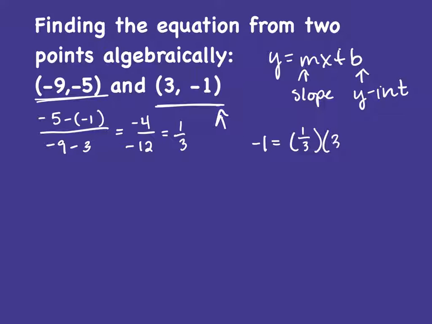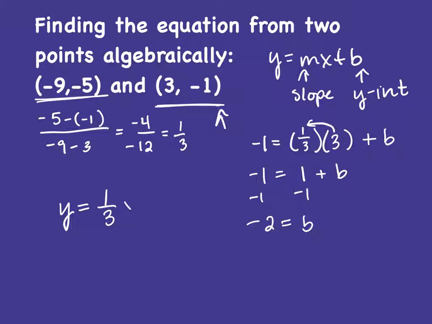And I'm going to put 3 for my x value. And then plus b, because I don't know what b is. So -1 equals 1/3 times 3, and multiply the whole number by the numerator, so that gives me 3 over 3, which is just 1, plus b. Subtract 1 from both sides, so I've got -2 equals b. So that means my equation is y equals 1/3 x minus 2.